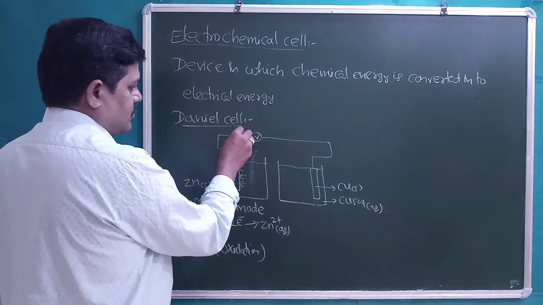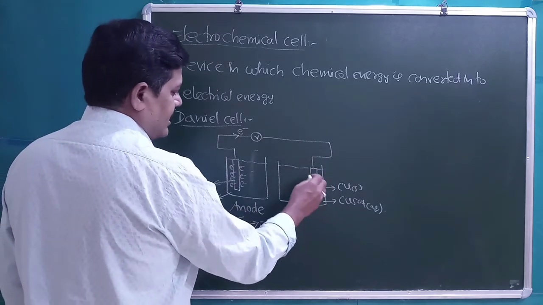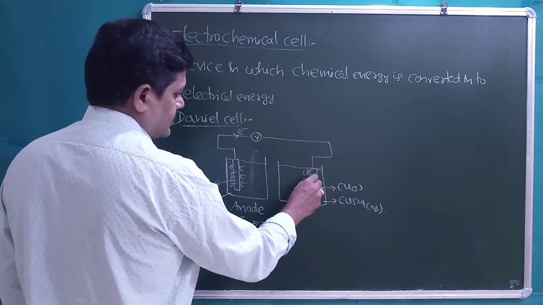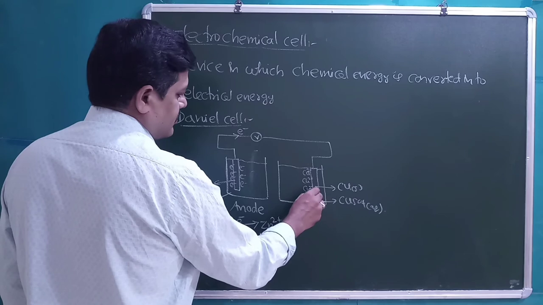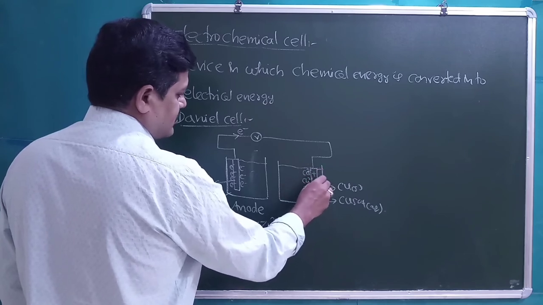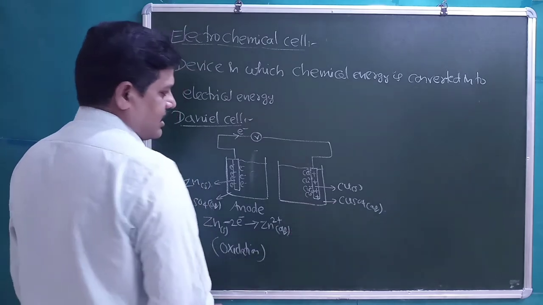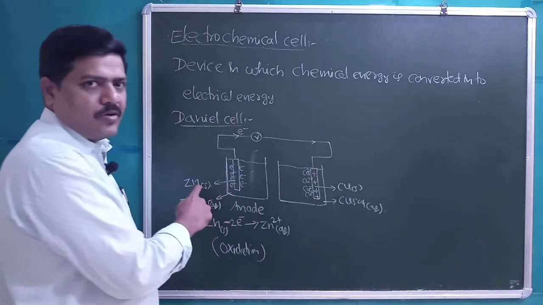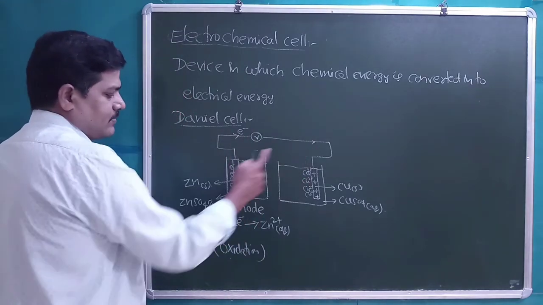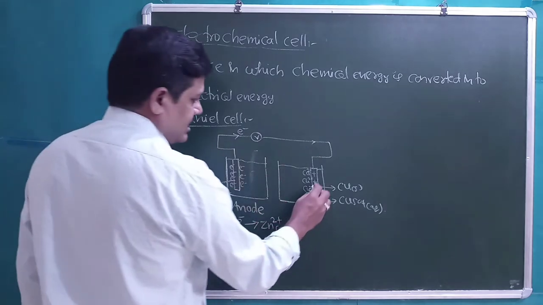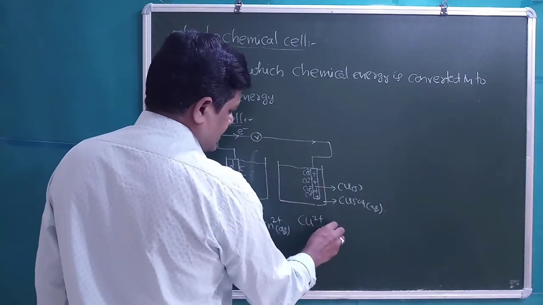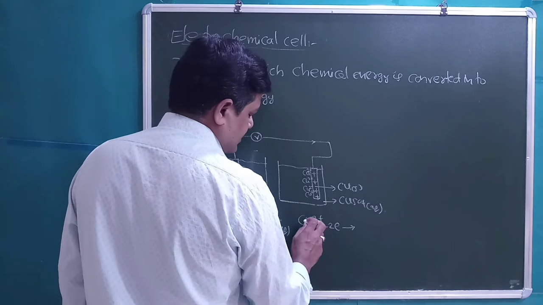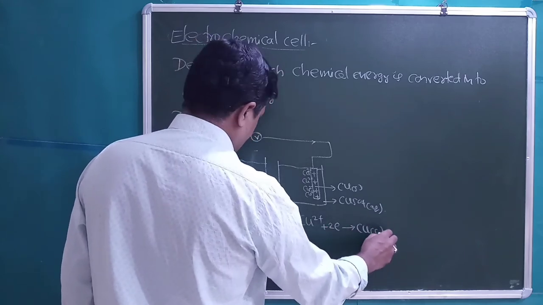These electrons will flow through the external circuit, and here the CuSO4 solution contains Cu2+ ions. Electron flow occurs through the wire from the anode to the cathode. Cu2+ ions which are ready to take the electrons give the pole a positive charge, and reduction takes place. Cu2+ plus 2 electrons gives Cu solid.